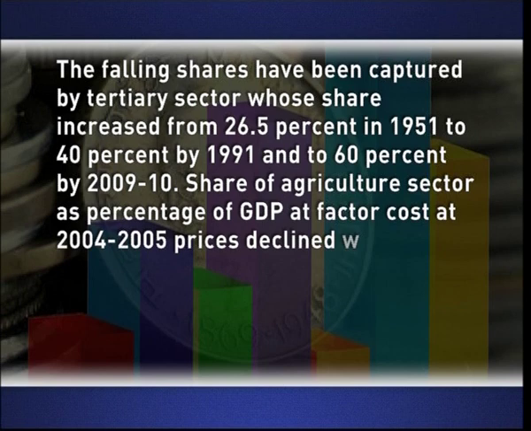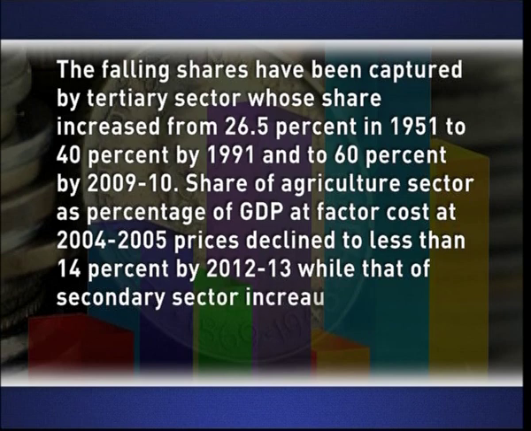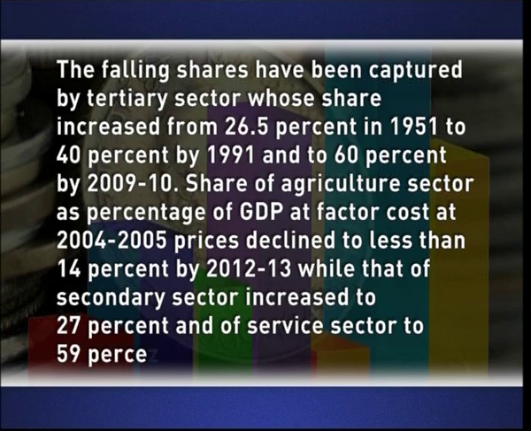Share of agriculture sector as percentage of GDP at factor cost at 2004-2005 prices declined to less than 14% by 2012-2013, while that of secondary sector increased to 27% and of service sector to 59%.